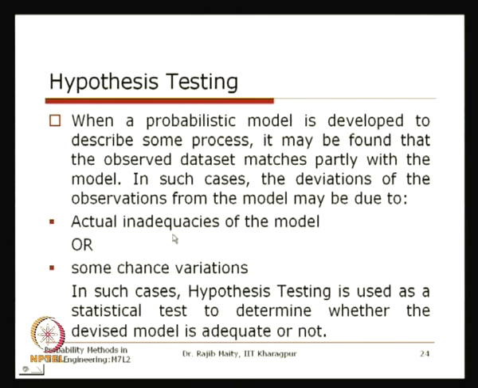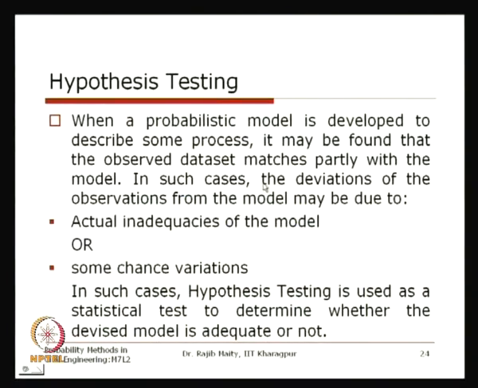If we can declare the actual inadequacy of the model, then we have to seriously think about changing the model, so that we can better explain the process. On the other hand, even though the model is correct, it will never exactly match the observed data set.